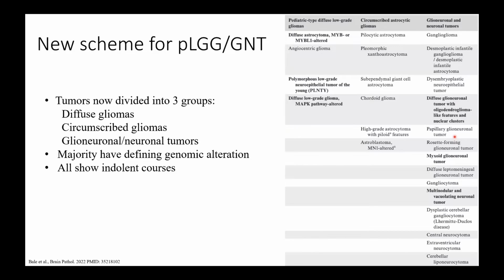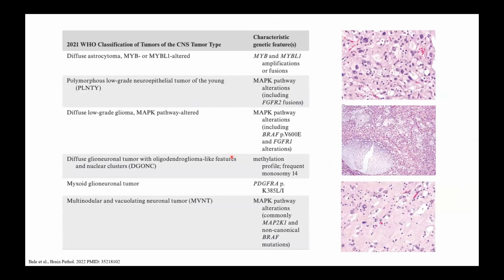By and large, with some exception, these are all grade 1 tumors, and many of them have fairly specific molecular alterations. And here's some examples of some new tumors that have been introduced in the current WHO.